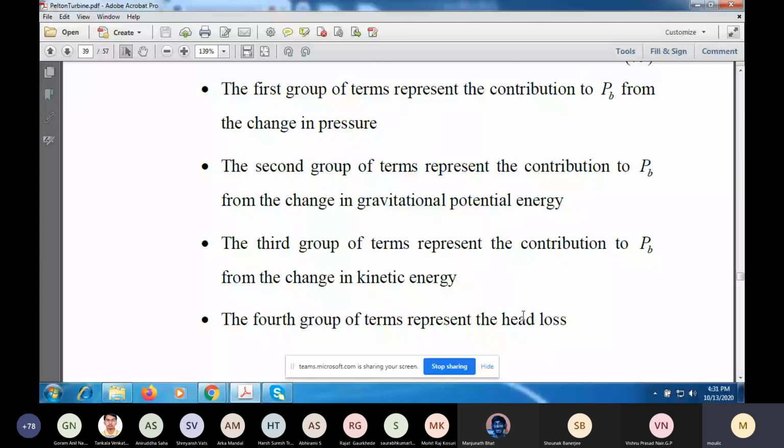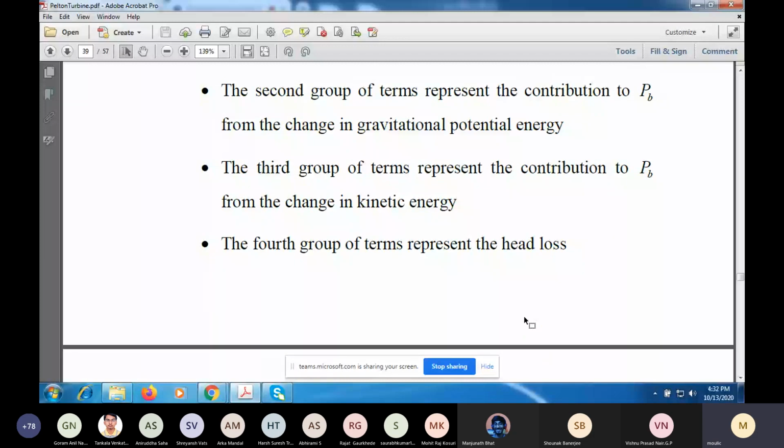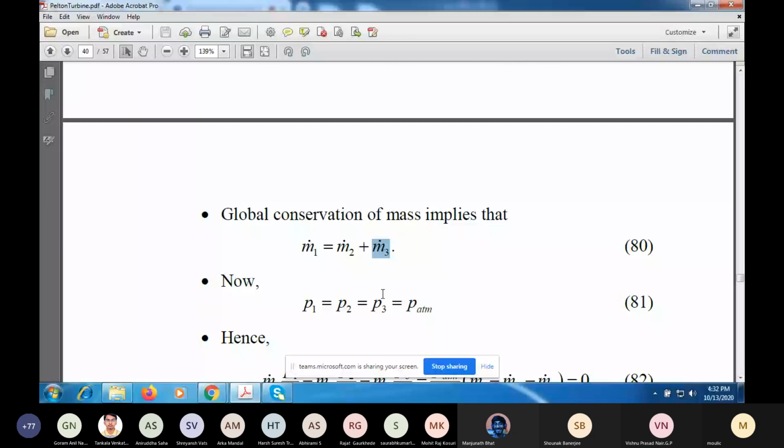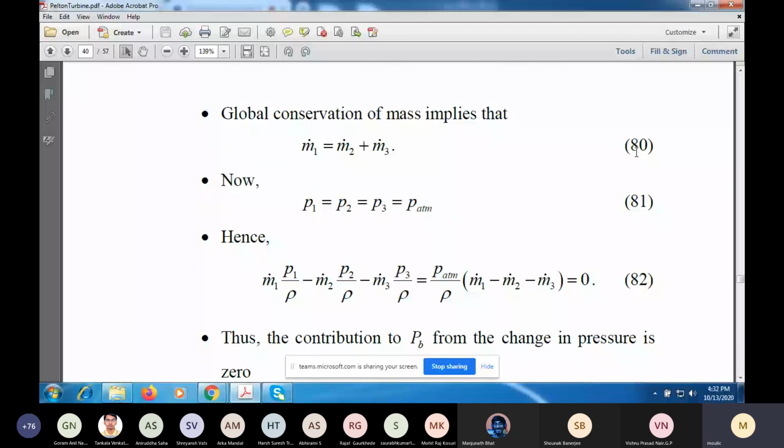Now, global conservation of mass tells you that the mass flow rate in is equal to the sum of the mass flow rates through section 2 and section 3. Now, the pressure at section 1, 2, and 3 are the same, and it is equal to atmospheric pressure. So, using equations 80 and 81, you can look at the net flow work.